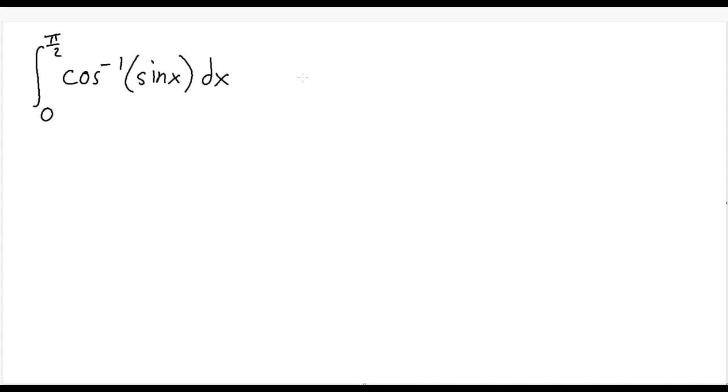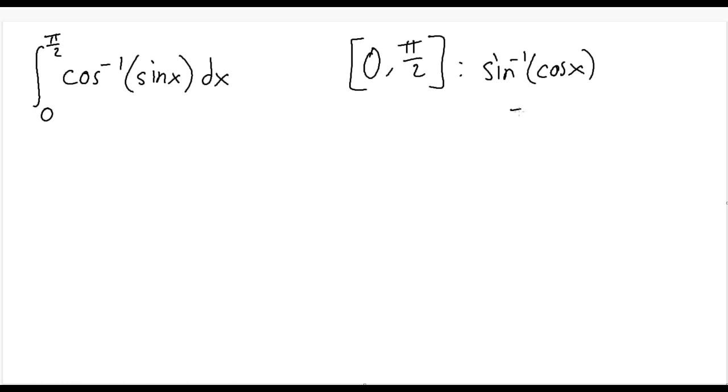Now, thankfully this is an easy integral because in the range of 0 to pi over 2, only at this interval, then inverse sine of cosine of x, which is the same thing as inverse cosine of sine of x, they're both equal to pi over 2 minus x.